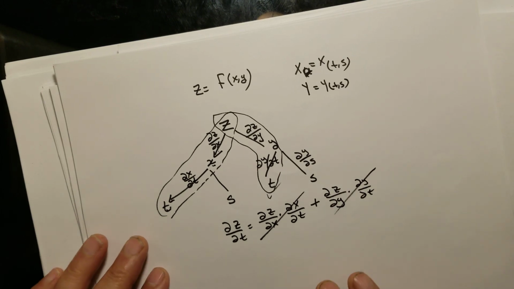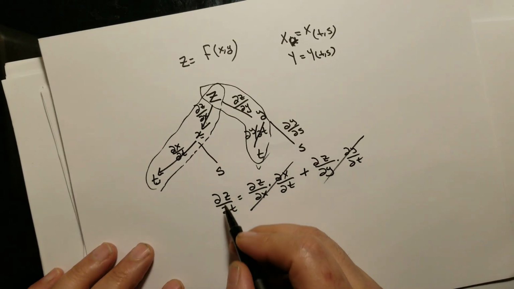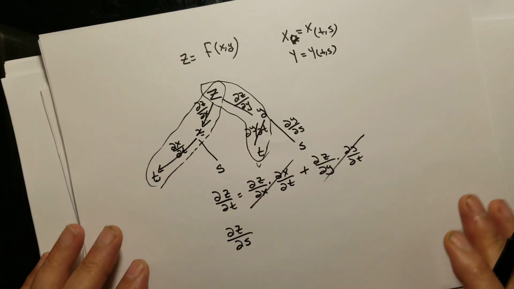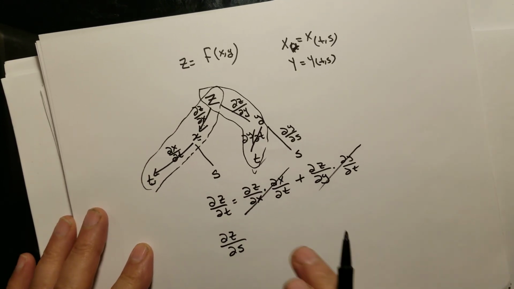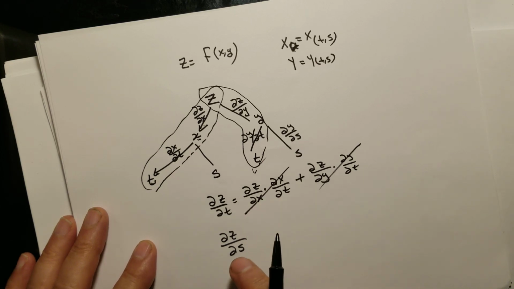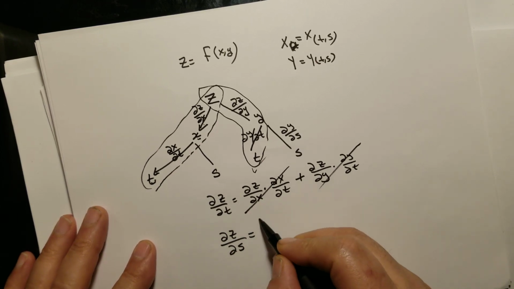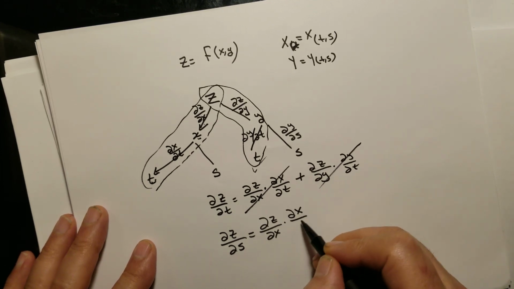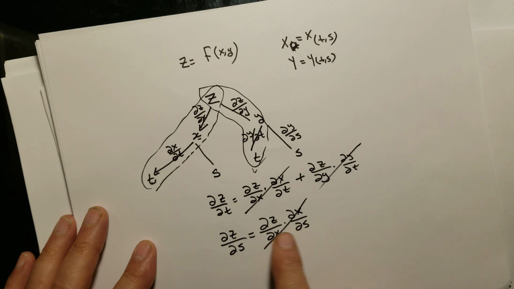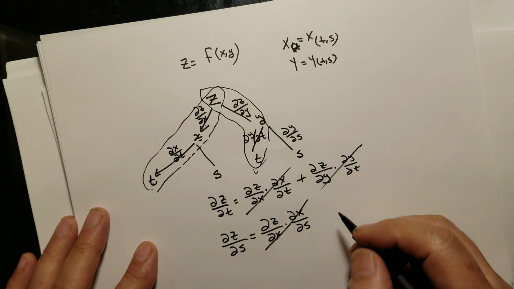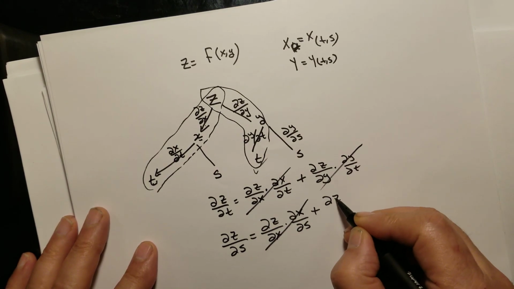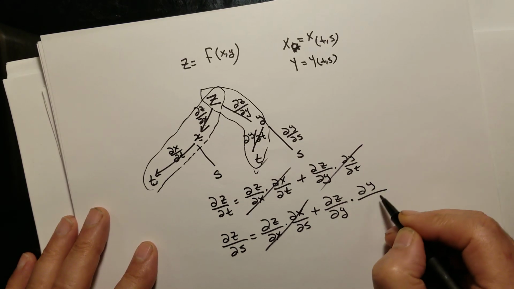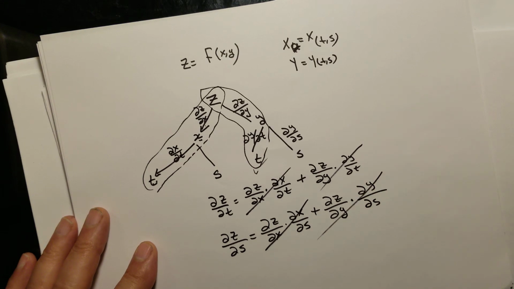But how does z change with respect to s? Here you have no other option than to make t constant and write the partial derivative of z with respect to x times the partial derivative of x with respect to s, plus the partial derivative of z with respect to y times the partial derivative of y with respect to s.